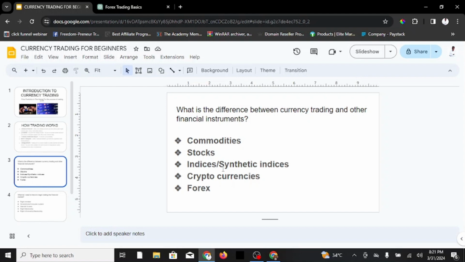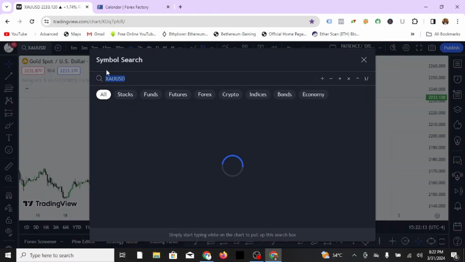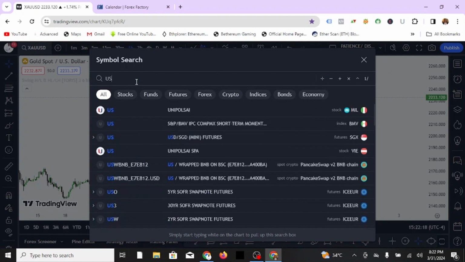And then we have indices. Indices mostly are a combination of stocks of groups of companies that are well recognized. For instance, we have a particular index we call the US 30, one of the most important stock indices followed in the United States of America.